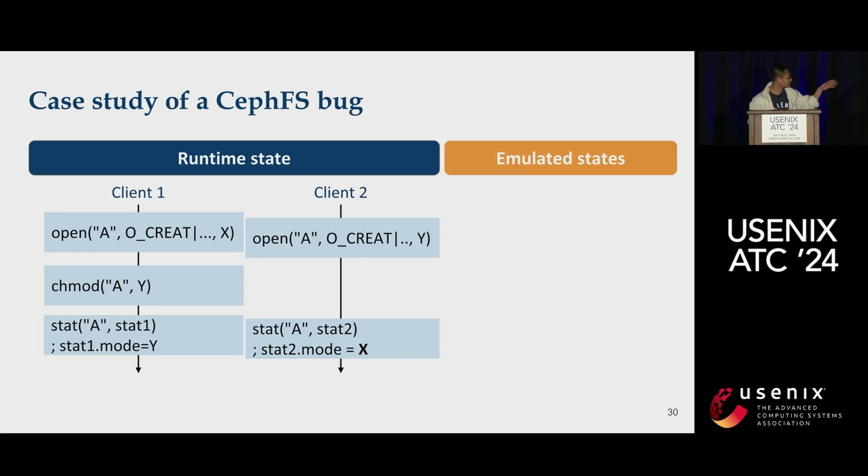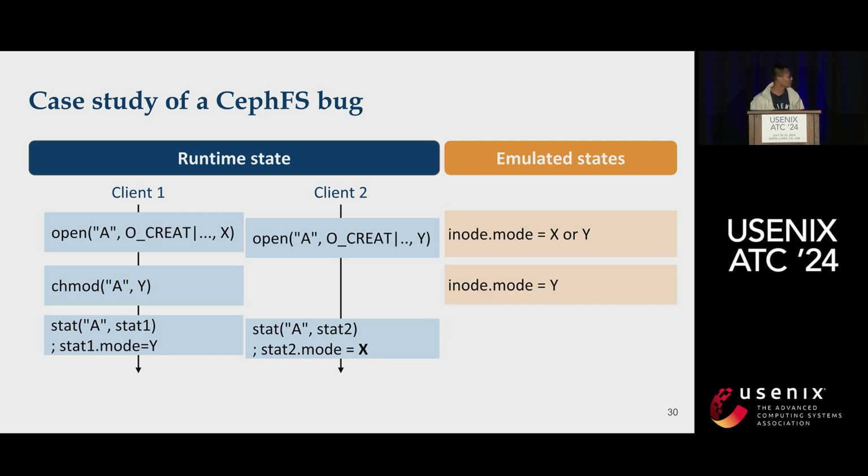Because the syscalls here are already atomic operations, we don't have to split them. For the first two opens, because they were executed concurrently, there could be two orders between them, so there could also be two possible execution results regarding the file mode. It can be X or Y.